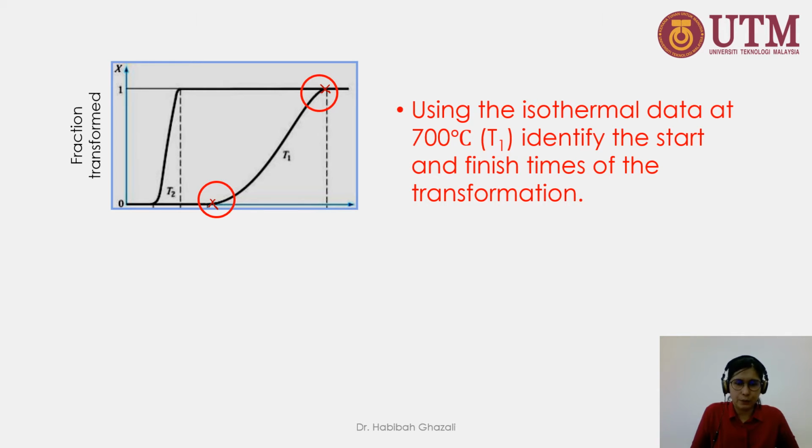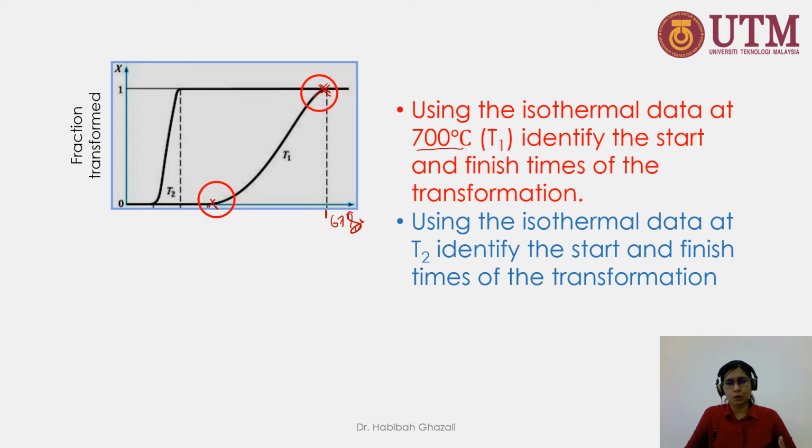So 100% of the microstructure, or 99%, will transform at 700 degrees Celsius after this period of time, in our example, 67 seconds. Okay, so this is only the data for 700 degrees Celsius.